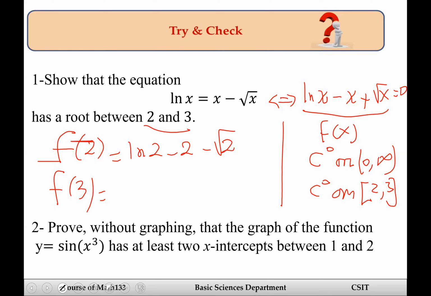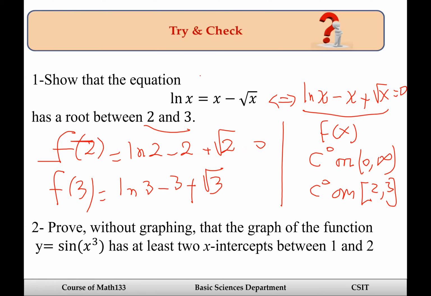Sorry, I have to repeat here, we have to confirm the conclusion: so plus root 3 for f of 3, which is ln 3 minus 3 plus root 3.